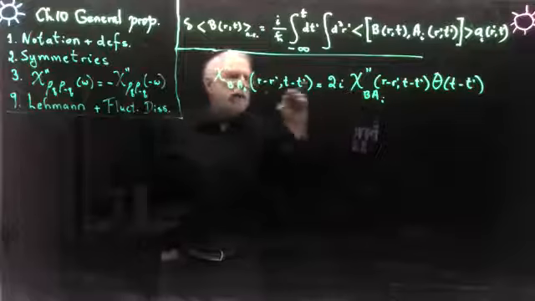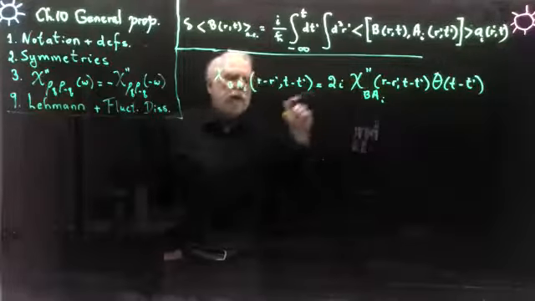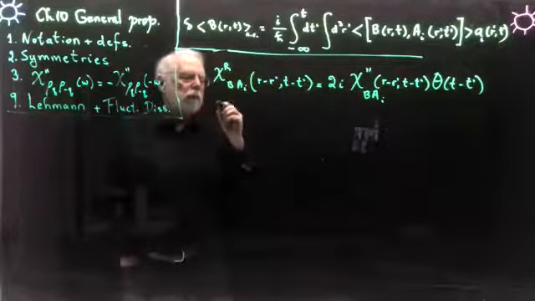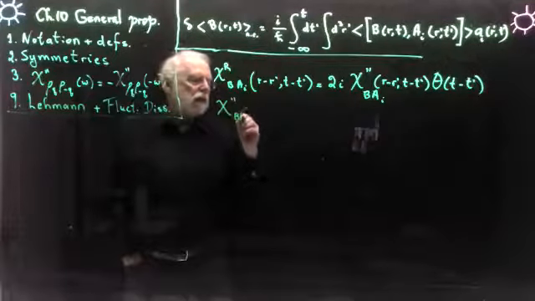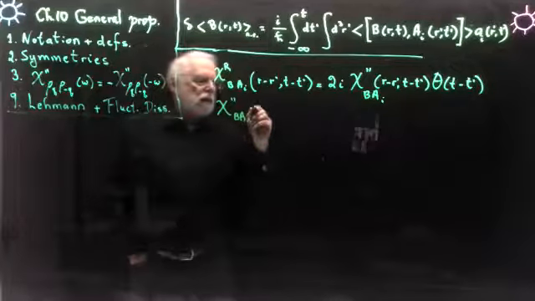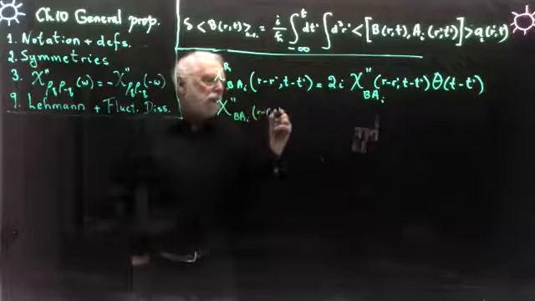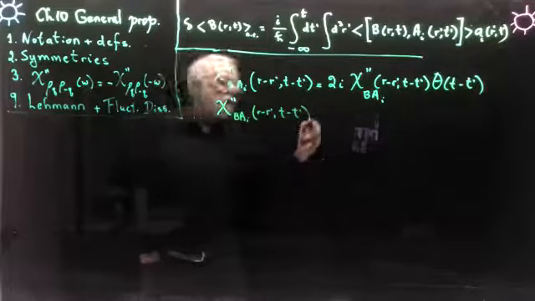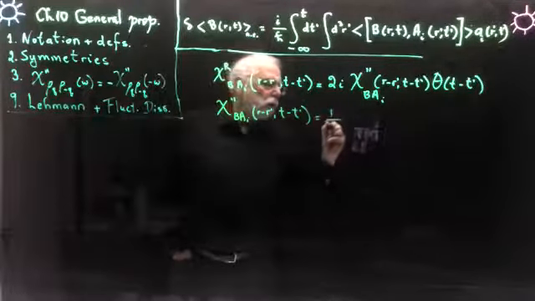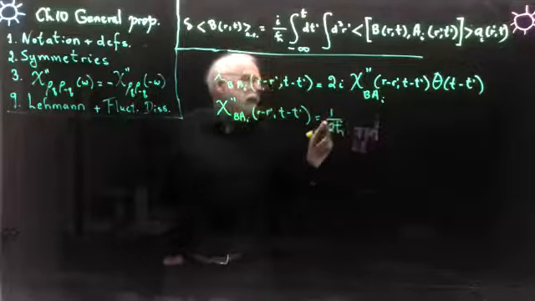In other words, I will be able to write that delta B is chi times A. But if I do this definition, what is chi double prime? Let's write chi double prime first. Chi double prime of B A_i of R minus R prime, T minus T prime will be equal to 1 over 2 h bar. So this 2 cancels.